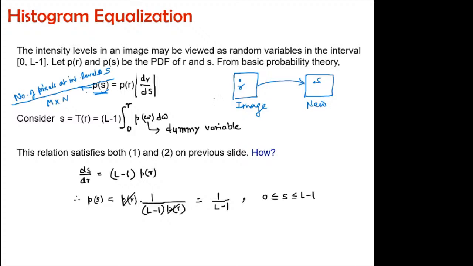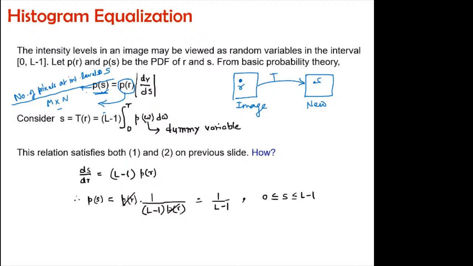And similarly, PR means the probability of occurrence of this particular intensity level R in the input image. That means the number of pixels which are lying at the intensity level R divided by M into N. That will be the definition of this one. So this PS and PR are related to each other because this is a transformation which we have defined.